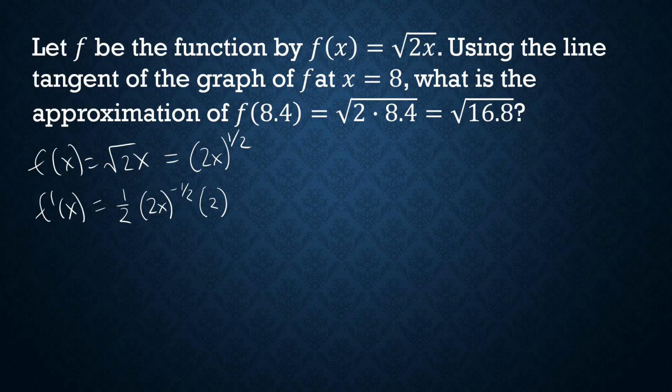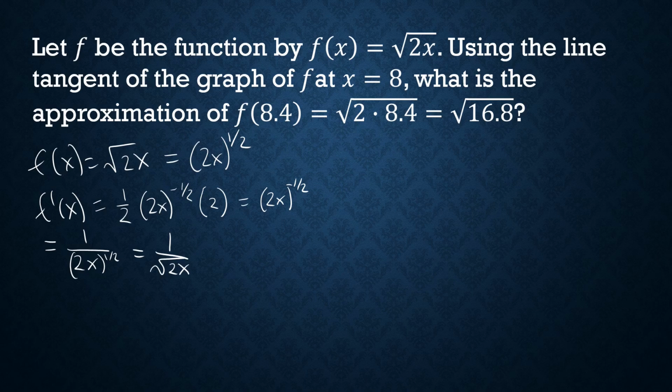I haven't gone over that yet, but that'll be in another video. Okay, so this is going to reduce to 1/2 times 2, so it goes away. So I'm left with 2x to the negative 1/2 power. Then when I have a negative exponent, I can write it as 1 over 2x to the 1/2 power. And 1/2 power is square root, so it really is 1 over the square root of 2x.